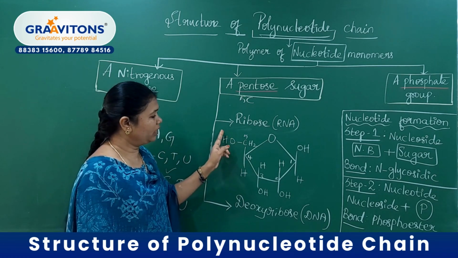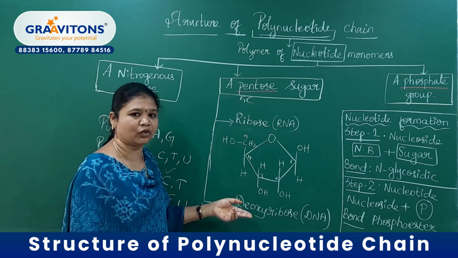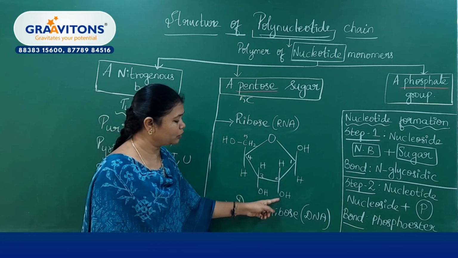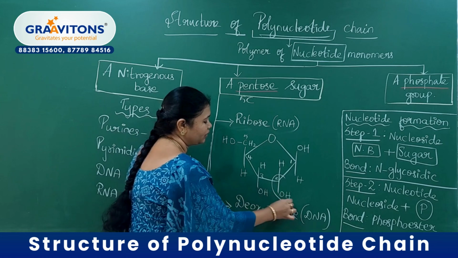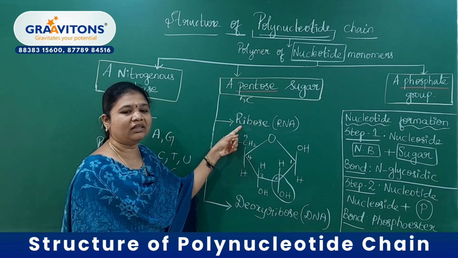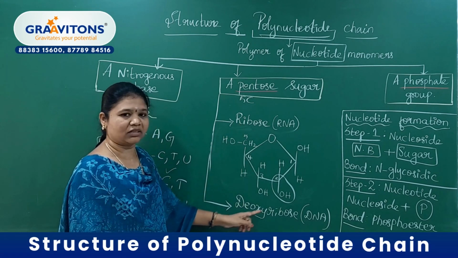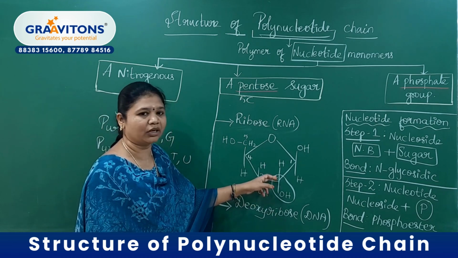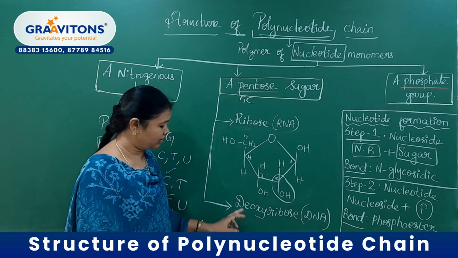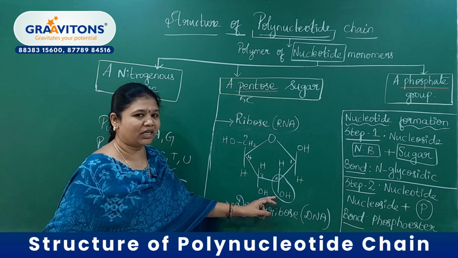From the sugar structure alone, you can differentiate whether it is DNA or RNA. That relies on the second position. If an OH is attached to the second carbon, the structure is ribose sugar, which is present only in RNA. Next, deoxyribose sugar: if you remove the oxygen from the hydroxyl group on the same second carbon, it is deoxy. This is known as DNA.